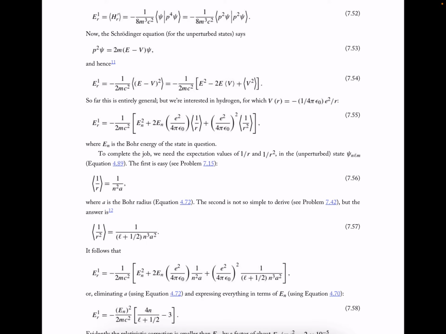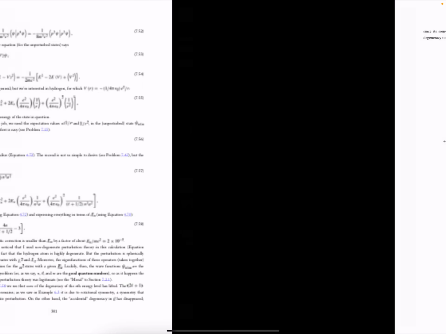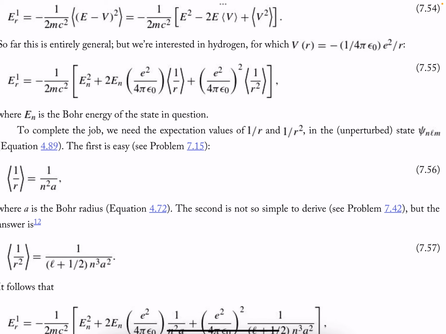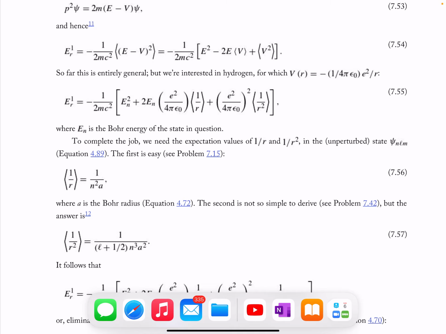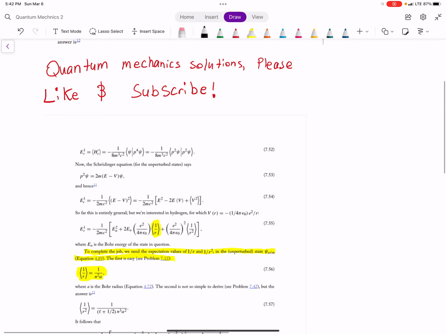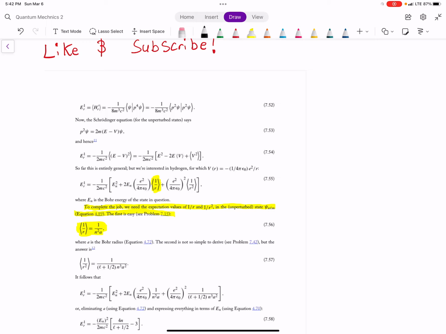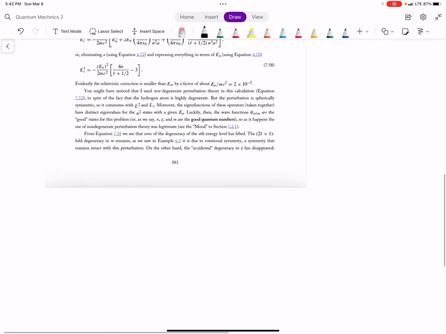And when we do that, we find this factor of the expectation value of 1 over r, also a 1 over r squared. And in the text, they just tell you what 1 over r is, but in this problem, we're going to prove it. So, okay, that's the motivation, and I just highlighted it here. So let's go ahead and get started.